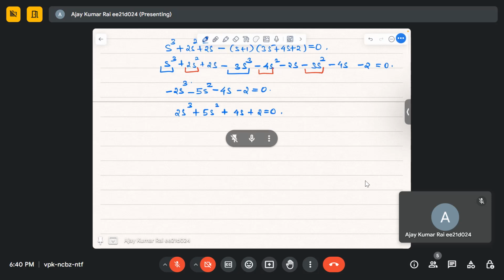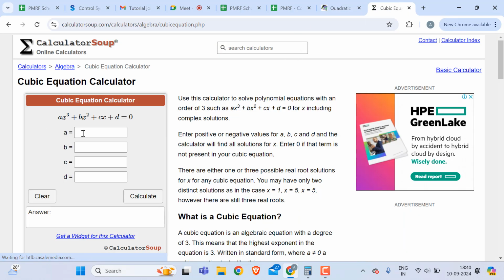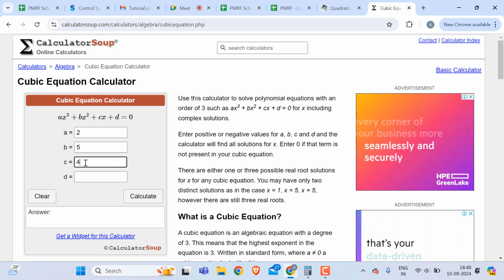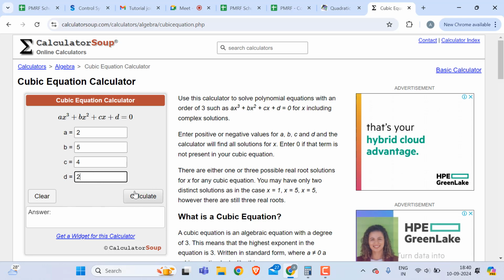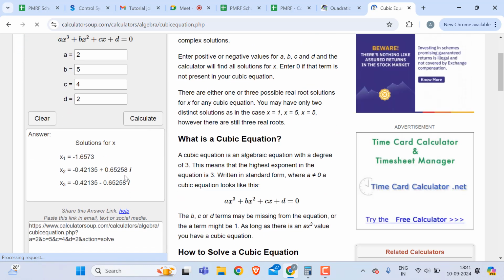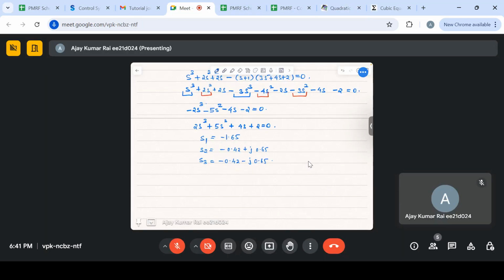So let me use a cubic solver. I have one root as s1 equal to minus 1.65, s2 is minus 0.42 plus j0.65, and s3 is minus 0.42 minus j0.65.